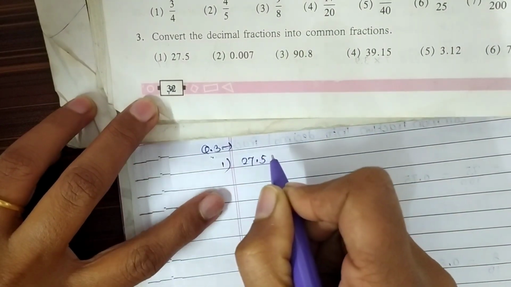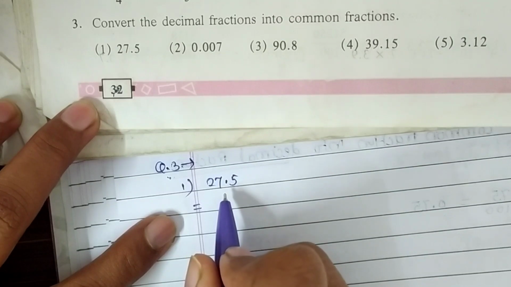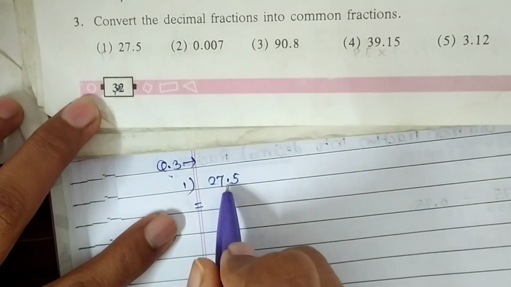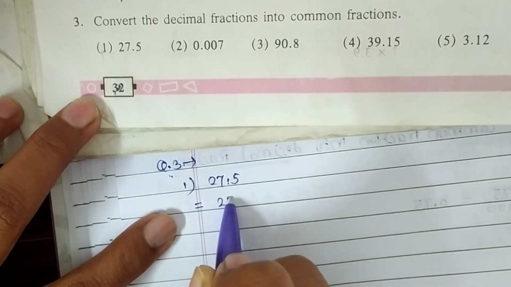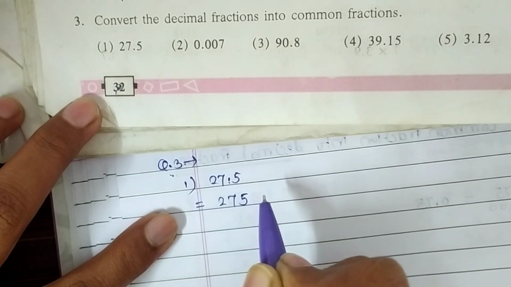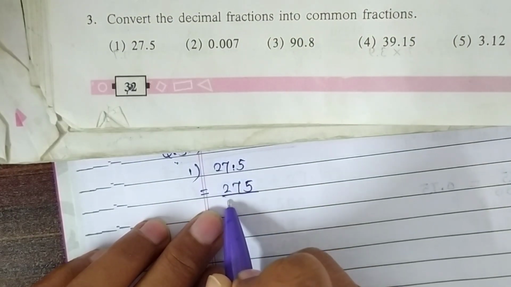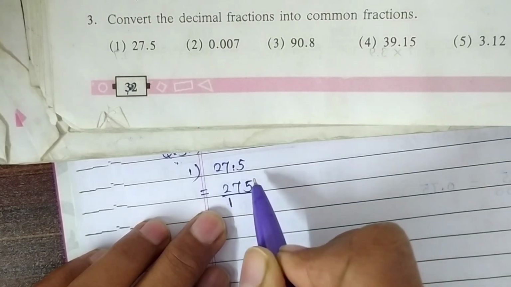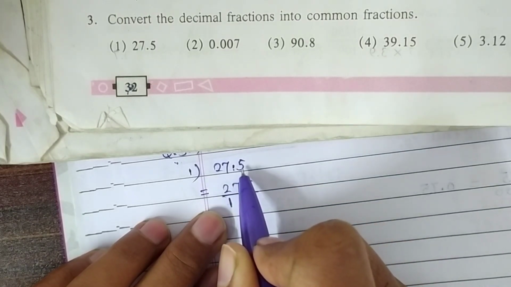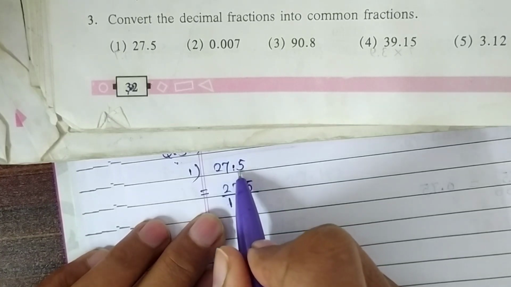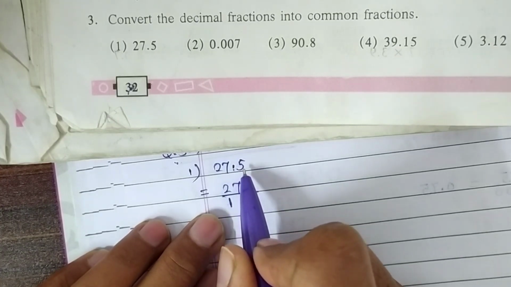27.5 is the first question. For writing the decimal fraction as a common fraction, ignore the decimal point here and write the number 275. Then on the denominator side, write here 1. Count the decimal places in the fraction given. There is 1 decimal place. How to count the decimal places?